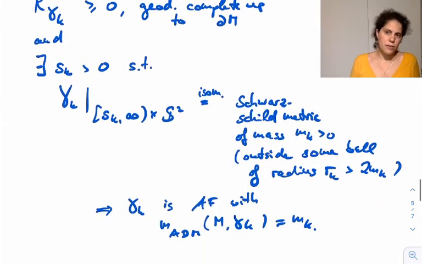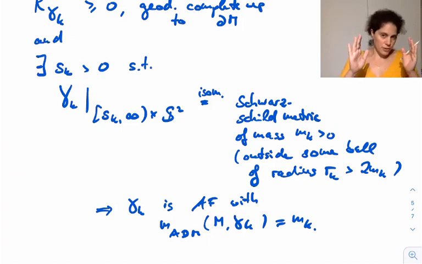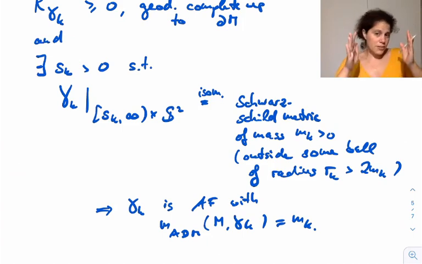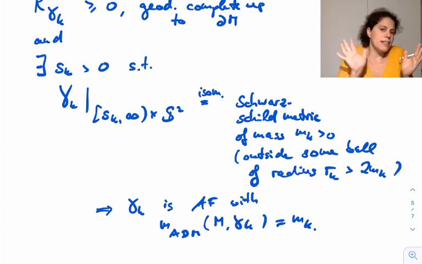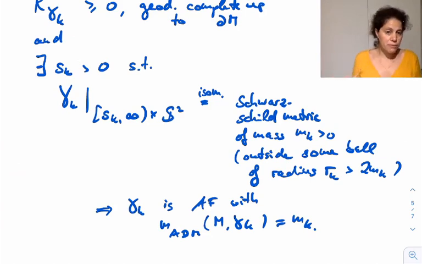Each member of the sequence has non-negative scalar curvature and is geodesically complete up to the inner boundary. And for each metric, there exists a number in this interval 0 to infinity, such that if I restrict the metric to the outer part outside this sk, I'm identical to the Schwarzschild metric of some positive mass outside some ball. So I'm not going all the way down to the horizon in the Schwarzschild, but I'm staying outside. So in particular, gamma k is asymptotically flat with ADM mass mk.